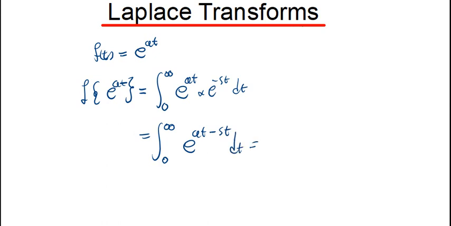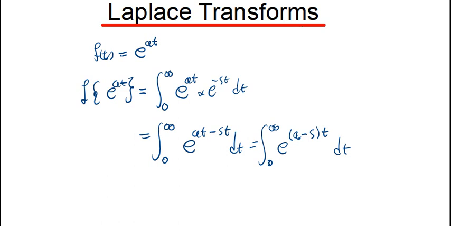So let me try to simplify this a little. This is going to be the integral from 0 to infinity of e, and I can factor out the t, so I can put an open bracket, a minus s, times t, dt.